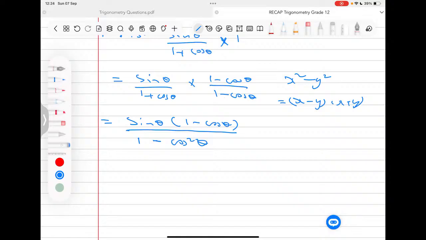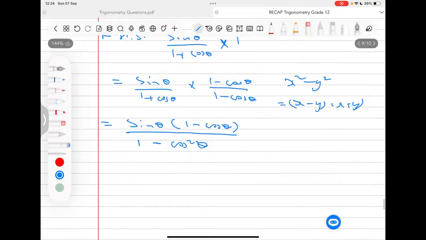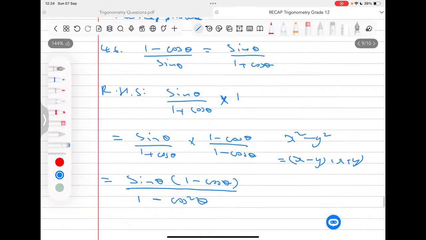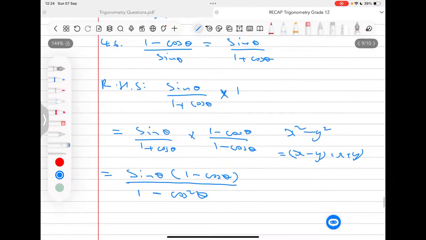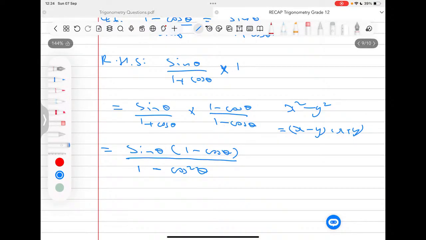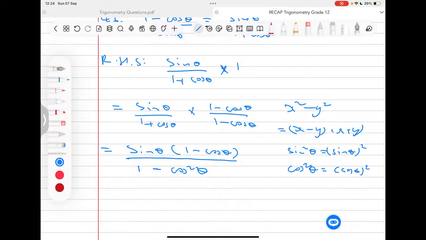And yeah, at this stage, remember, we're trying to go back to, okay, you can see here we're having a square. Remember that we said in trigonometry, when you have sine squared theta, it is the same as sine theta squared. If you were to have cos squared theta, it is the same as cos theta squared. So the same thing here will apply.